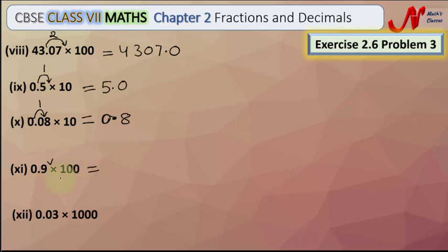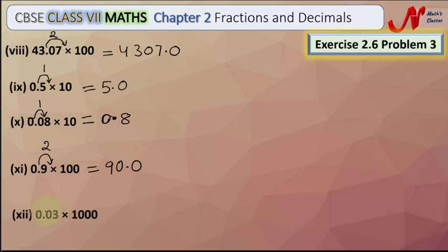Next we have to multiply 0.9 with 100, so here we have 2 zeros, so we have to shift the decimal point 2 places to the right. Here we have only one digit, so we keep the extra 0 after 9, so it can be written as 90.0. Here we have to multiply 0.03 with 1000.